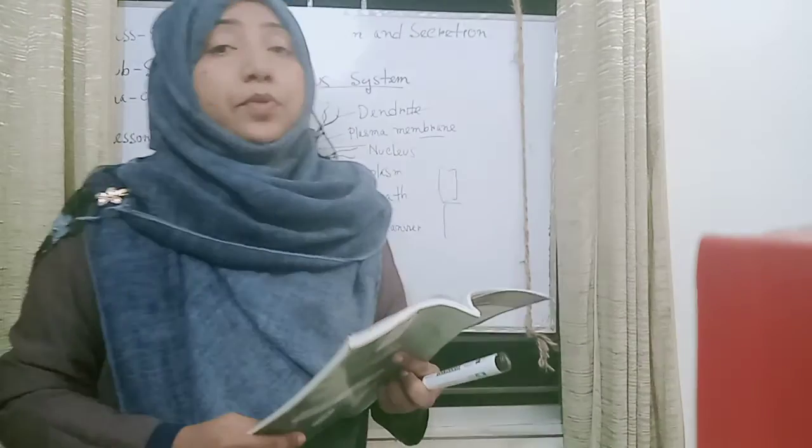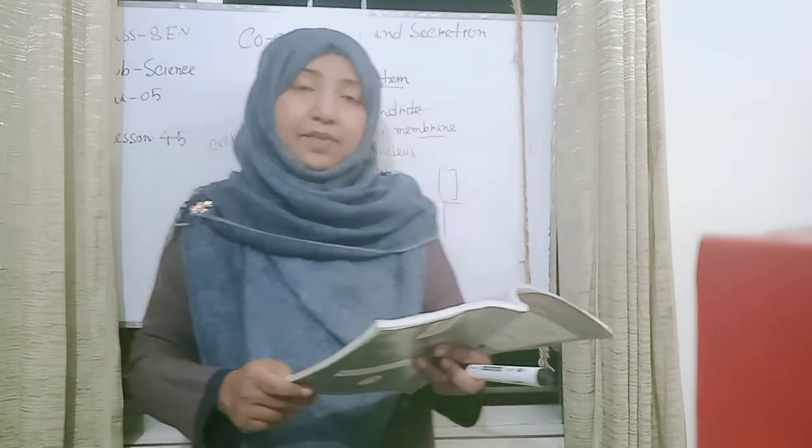Now, please everyone open the books. These topics are very important for your JSC exam. Here's lesson 4 and 5, the nervous system. In class 6, you learned the classification and characteristics of unicellular and multicellular organisms.